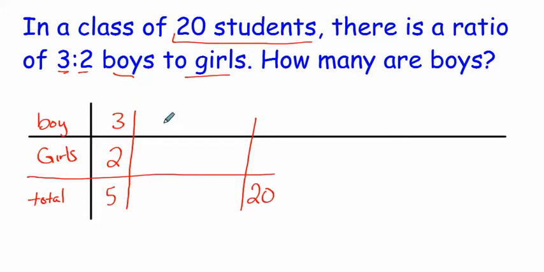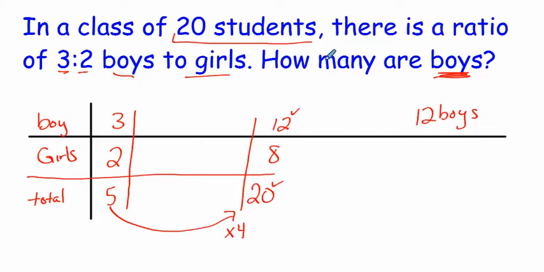So now I'm going to do my same ratio. How did I go from 5 to 20? I multiplied by 4. So both of these numbers I need to multiply by 4. If I multiply the top by 4, multiply this by 4, and look, if I add these two together, that does give me 20. So I'm good. Now let's answer the question. How many of them are boys? Well, here's my number right here. So there are 12 boys.